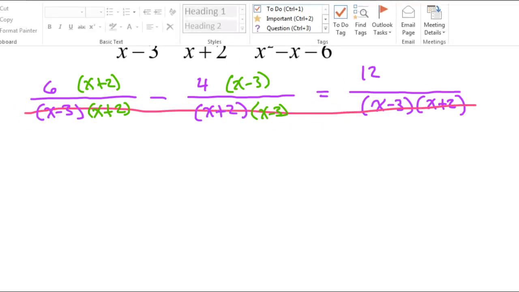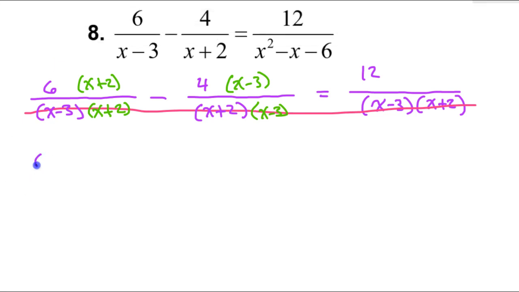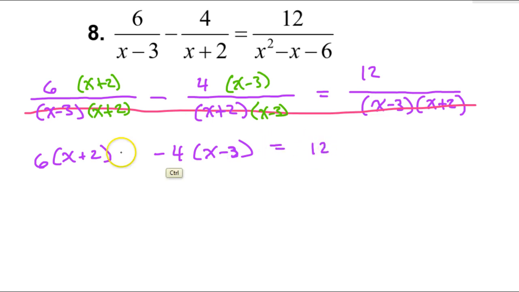So now what I have is 6 times x plus 2 minus 4 times x minus 3 is equal to 12. So I do the distributive property. All right, take care to distribute -4, not +4.